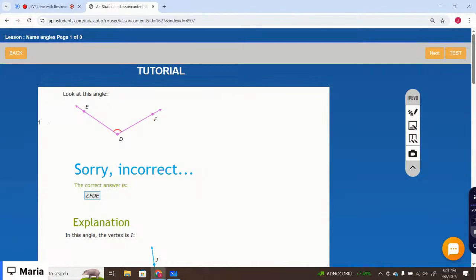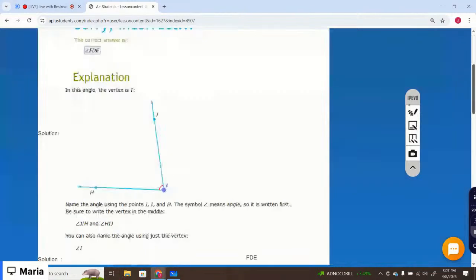Look at this angle. That is angle FDE. D is the vertex. Name the angle using the points G, I, H, and the symbol.